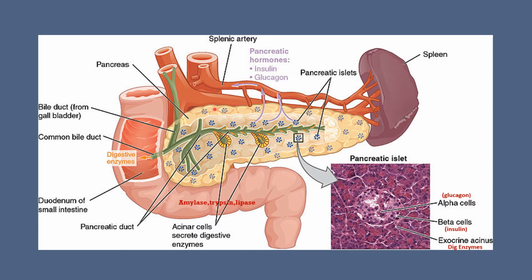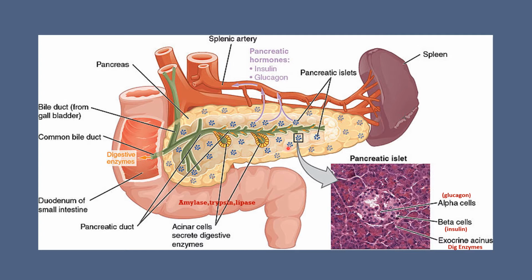Closely related to its upper border are the splenic vessels, the splenic vein and the splenic artery. And the tip of the pancreas is closely related to the hilum of the spleen.